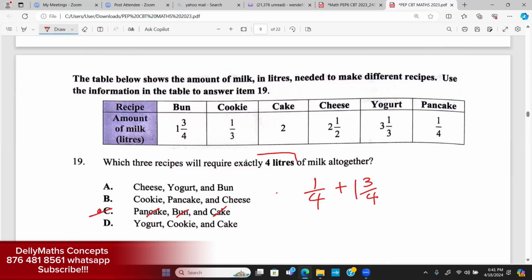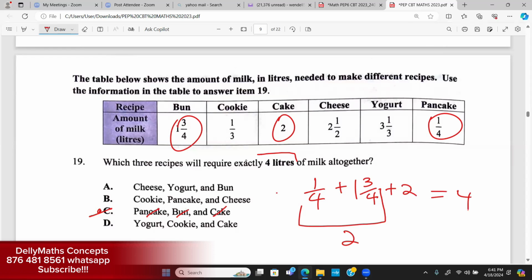And then cake is 2. When I look at 1/4 and 1 3/4, this is going to give me 2, because if I have 1/4 of something plus 1 3/4, that's 2. And then 2 plus 2 gives me 4. So definitely this works. If this works for me at the first chance, I got 4, I'm not going to continue, because the aim was to see which 3 would have added to give 4. If you get it, you move on. If you didn't get it, try another one until you get 4. Luckily, I tried the first one and I got 4.